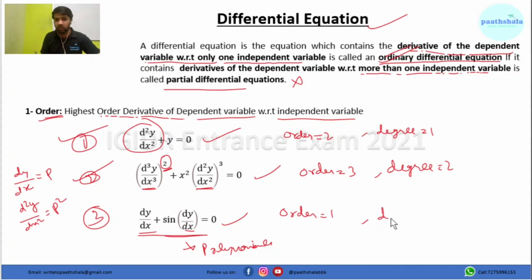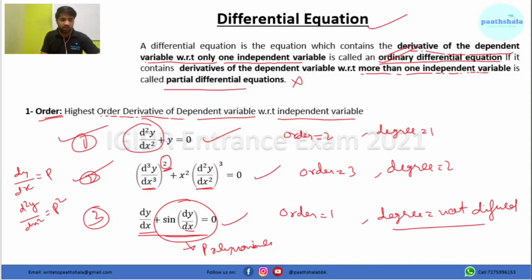So here the degree is not defined. Keep this in your mind. If you get such an equation in your question, in that situation the degree is not defined and the order may be anything. If here it is d2y by dx2, the order can be 2. Okay, so that is the thing.